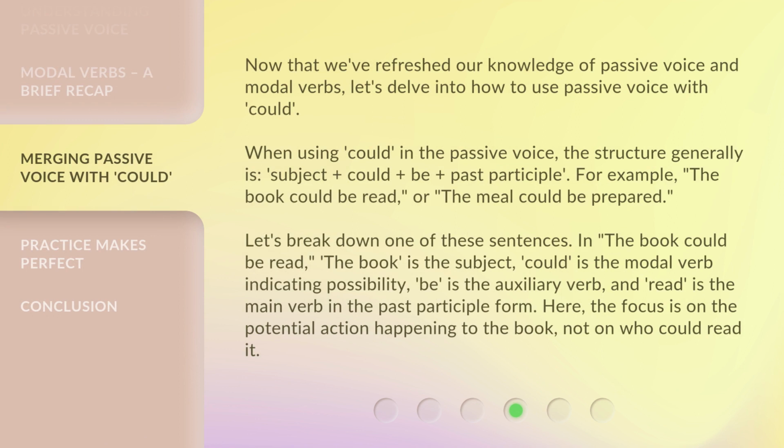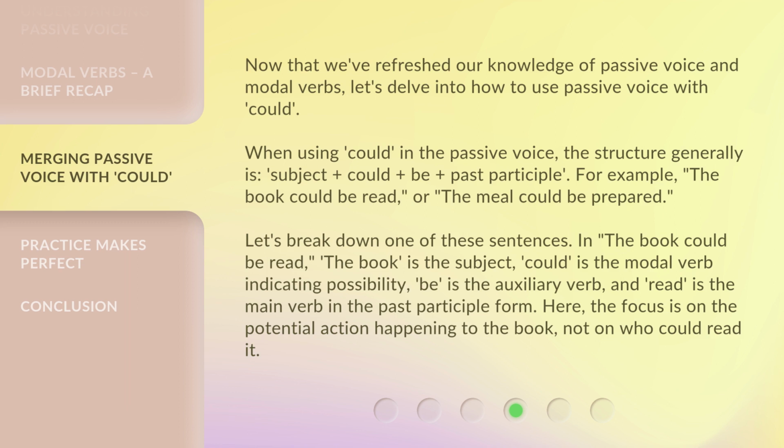Now that we've refreshed our knowledge of passive voice and modal verbs, let's delve into how to use passive voice with could. When using could in the passive voice, the structure generally is subject plus could plus be plus past participle. For example, the book could be read, or the meal could be prepared. Let's break down one of these sentences.